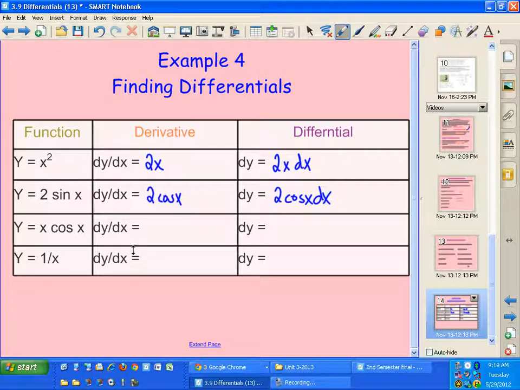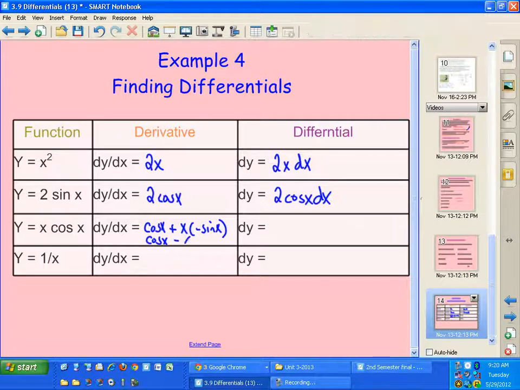If I take the derivative of this, I would use the product rule, which would give me cosine x plus x times negative sine x, which simplifies to cosine x minus x sine x. The differential of this is just moving the dx across the equal sign, which means I would get cosine x minus x sine x dx.